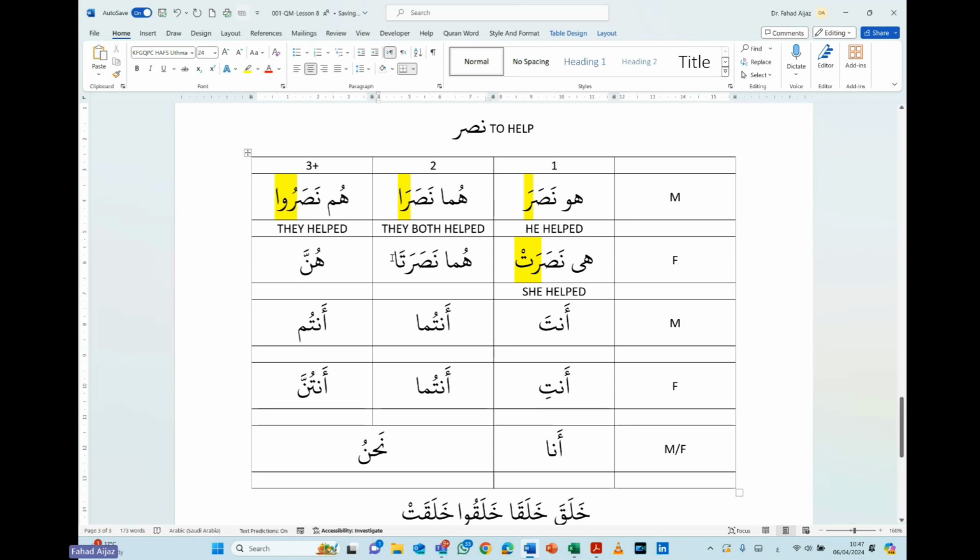Huma nasarata. Then this ata ending is telling you this is huma feminine. In the masculine, you do not have the ta. Huma nasara versus huma nasarata. So you have a stretch after the ta. This means they both helped, but this time feminine.